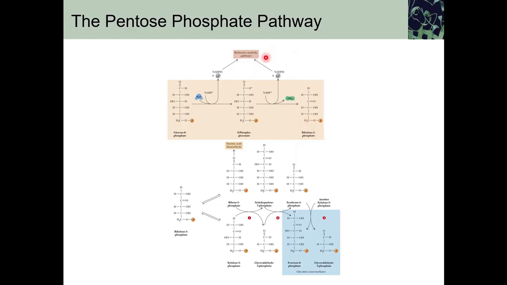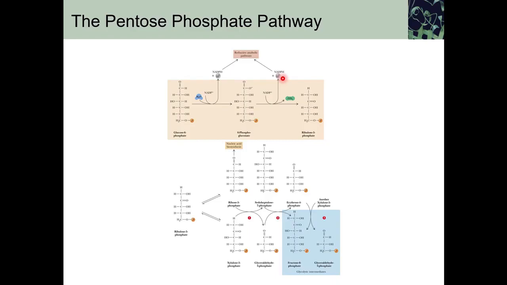So two molecules of NADPH have been generated in this case, and this is very important because these NADPHs are important for the processes implicated in the synthesis of molecules like lipids, amino acids, proteins, and so on and so forth.